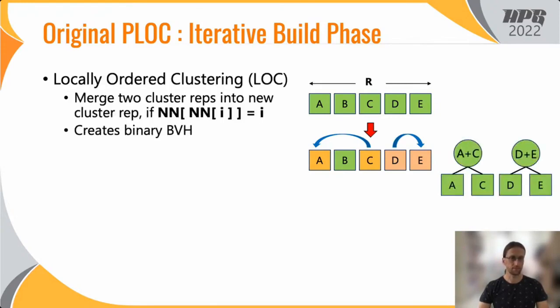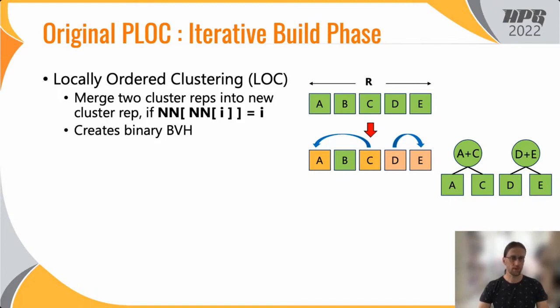In our example, let's assume for now the nearest neighbor for cluster rep C is A, and for D it's E. In the second part of the iterative build phase, which is called locally ordered clustering, or short LOC, we try to merge cluster reps with their respective nearest neighbor. However, only two cluster reps will be merged if they mutually agree on being the nearest neighbors. In other words, the nearest neighbor of my nearest neighbor needs to be myself.